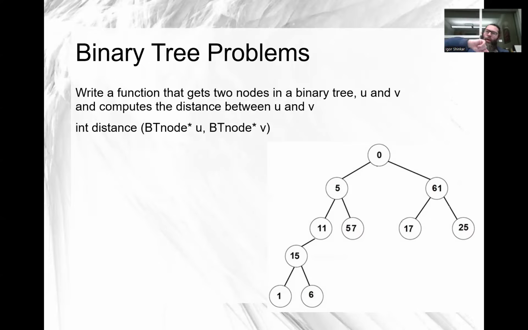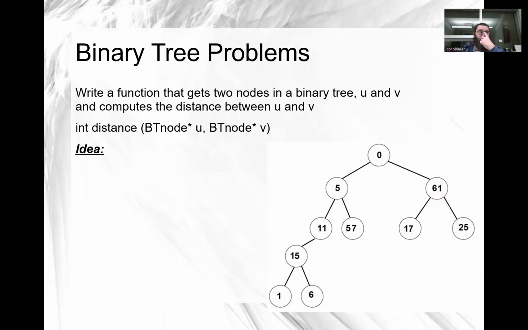You need to compute how many steps you need to go up. For example, if 15 is the descendant of 5, then you start from 15, you go up until you hit 5, and the number of steps that you made is your distance. Except that when you get U and V, you don't know if one is a descendant of the other, or the other way around, and maybe none of them is a descendant of the other.